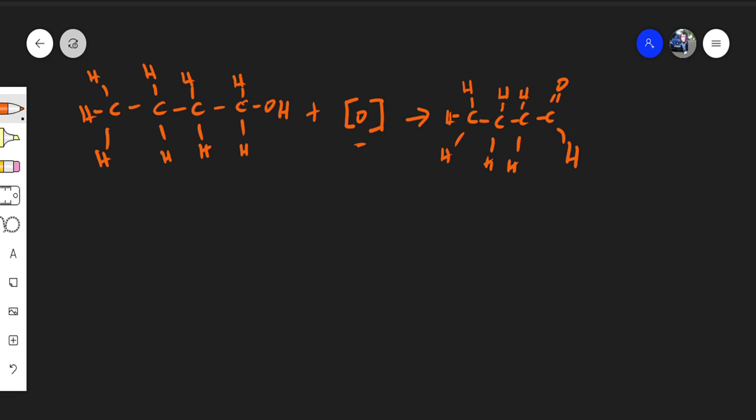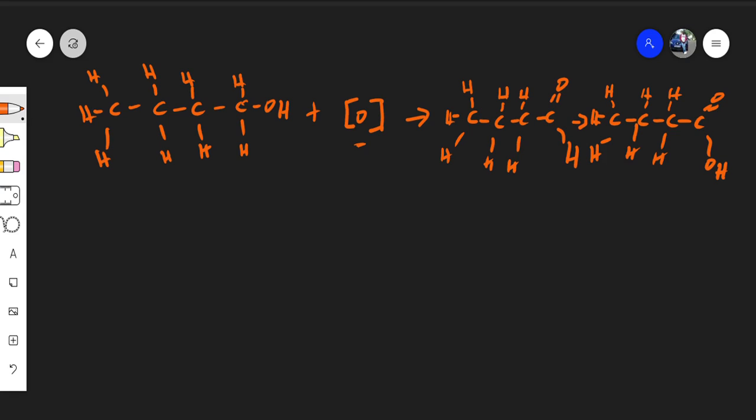And then aldehyde is going to be oxidized further to carboxylic acid. So this is what is going to happen.